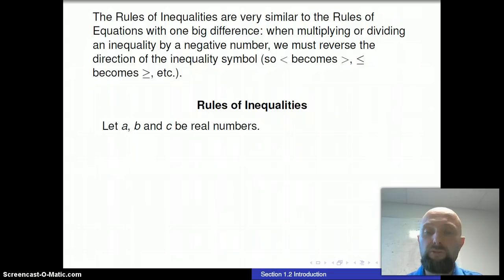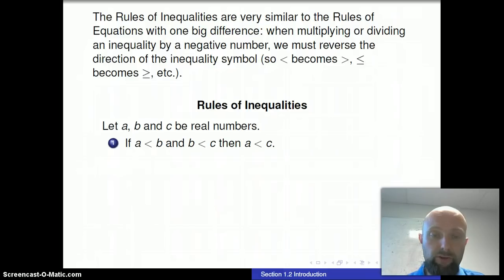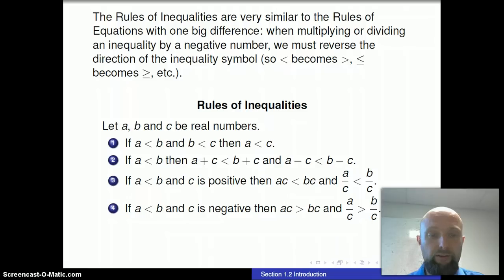So here are the rules of inequalities, where A, B, and C are real numbers. The first one is again not so important for us, but the second, third, and fourth are very important. The second one tells us that we can add or subtract the same number from both sides of an inequality.